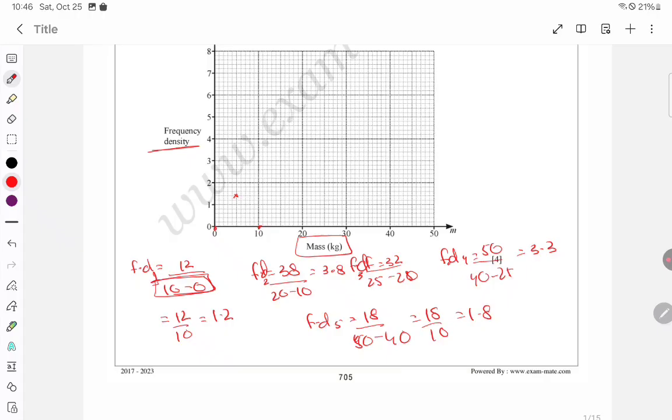Now for the second point, in the range 10 to 20, we write 3.8, somewhere here.